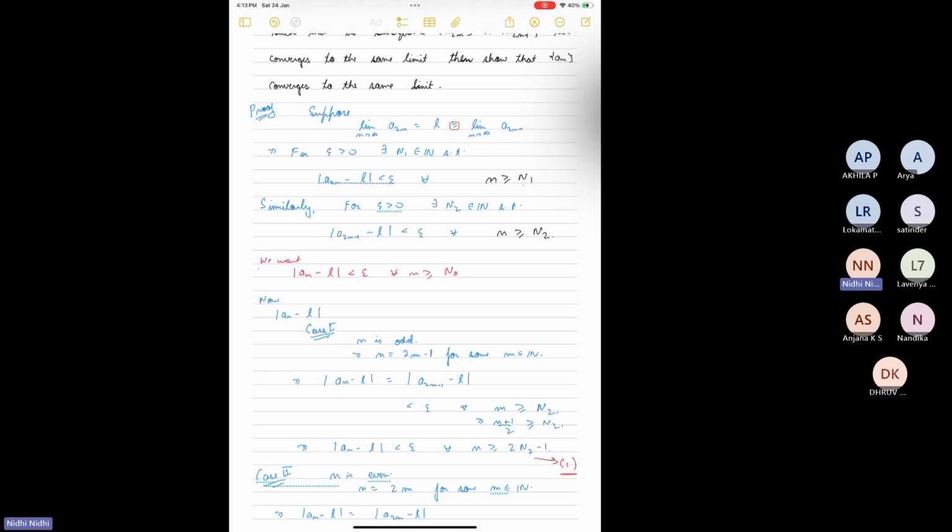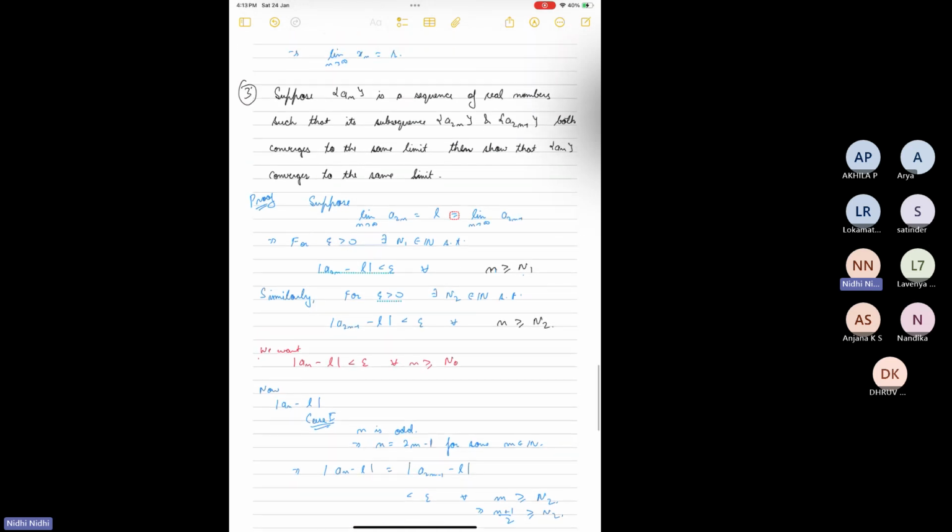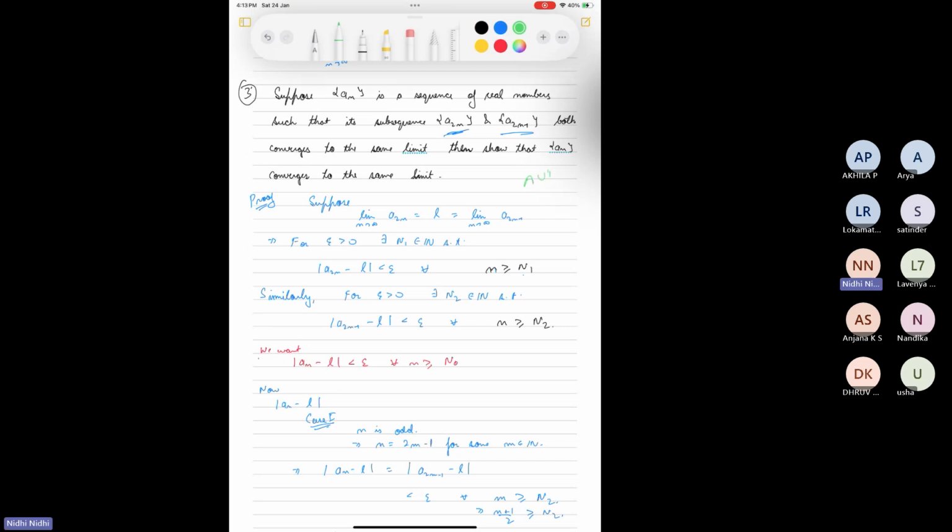So basically, why is this happening? Because the sequences a_{2n} and a_{2n-1} both eventually make up the main sequence. So can anyone tell me what we call sets where A union B gives us the universal set and A intersection B is empty?